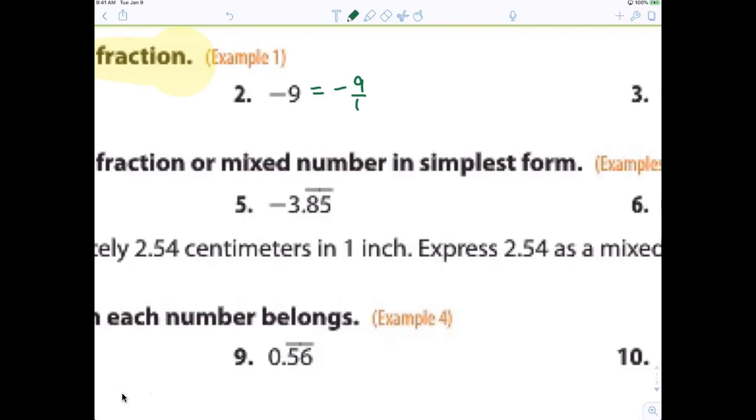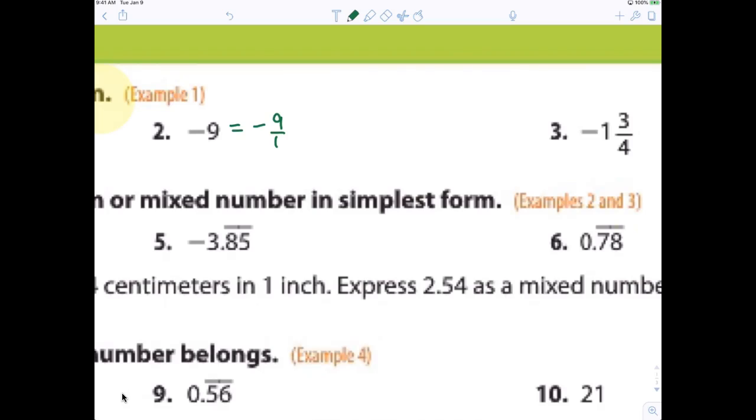Right, there's no decimal here. So it's just 9 over 1. No, because that would make it a positive, because 2 negatives make a positive. You with me on this? Very good question. Let's review.